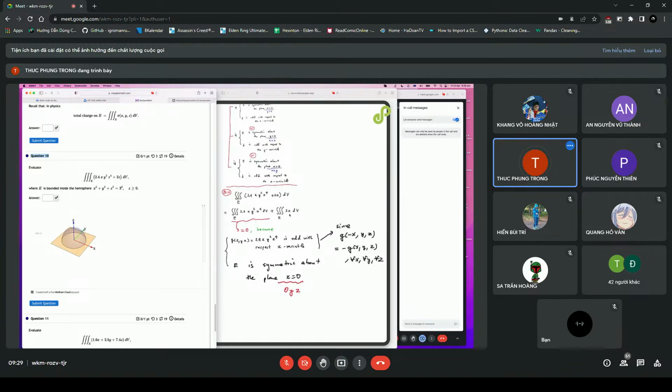You only have that the function is odd with respect to z, but you don't have the property that the domain is symmetric about the plane z equals 0, because it's not true right here. So you cannot say the same thing as we did for the first term, but it's not a real concern because now you can use spherical coordinates. At least you can save time with the first one, right?